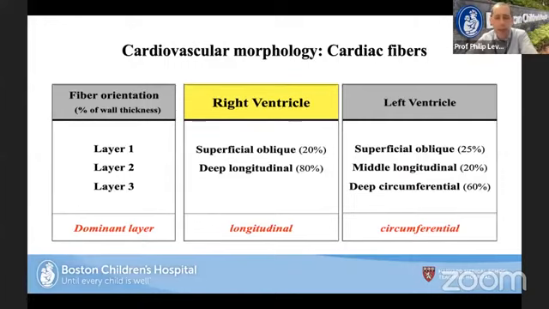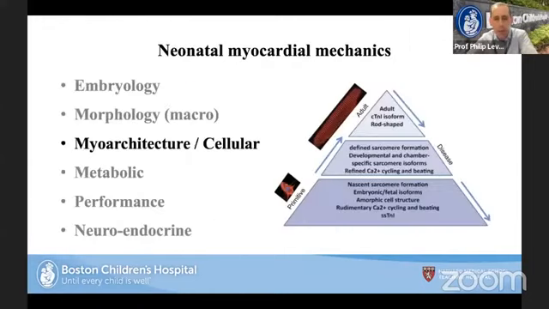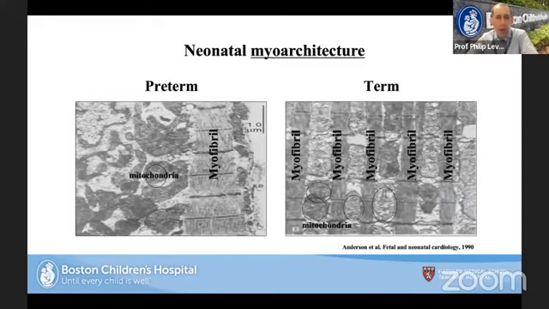And this dictates how we're able to use echocardiography to assess overall performance. So what you have here in the next slide is we're going to look at some of the cellular functions. And this is going to help you understand why we choose some of the medications that we choose in different cardiovascular compromises. So in the preterm heart, it's fascinating.